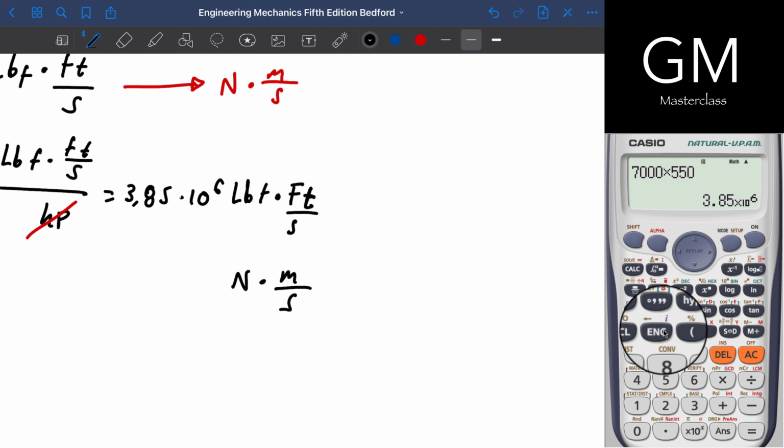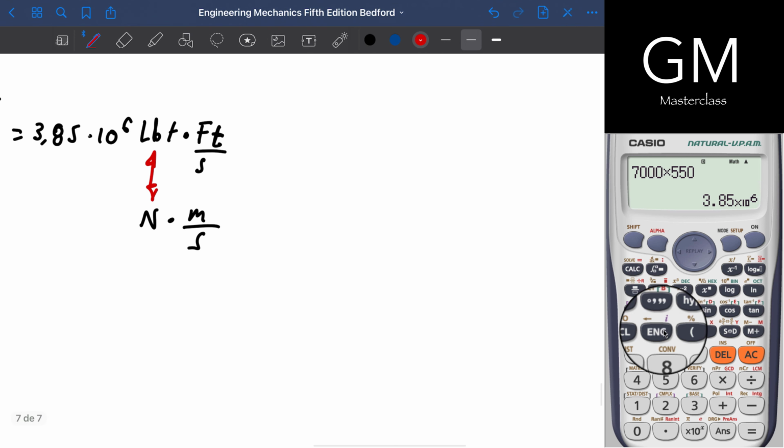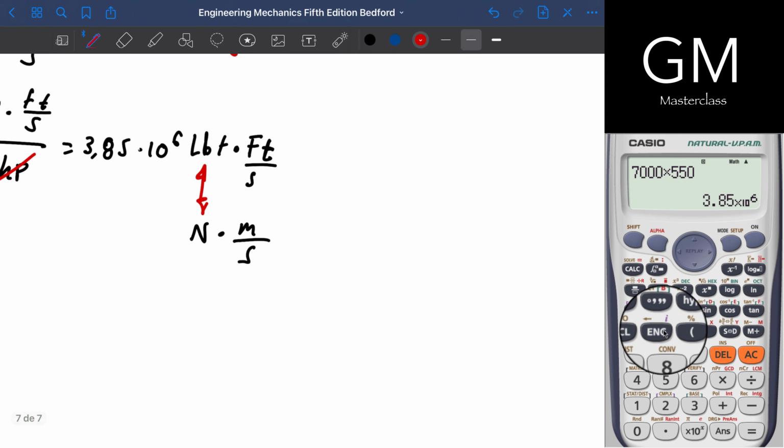So in order for me to do that, I should know the equivalence between these two, but I truly don't know. I just know that I'm talking about a force there. So let me get these units simpler.